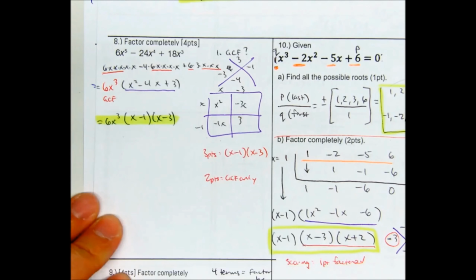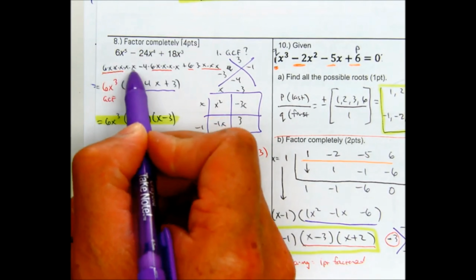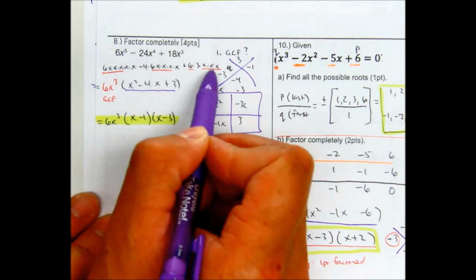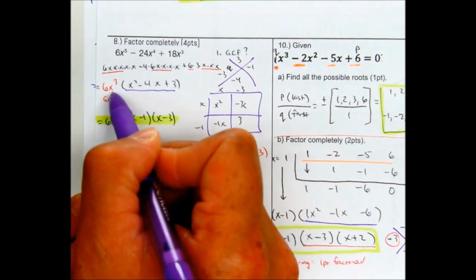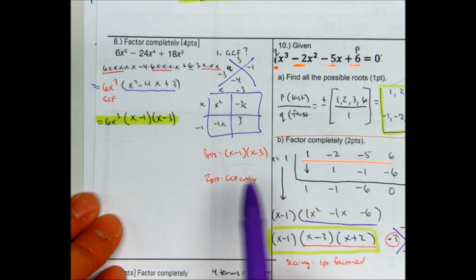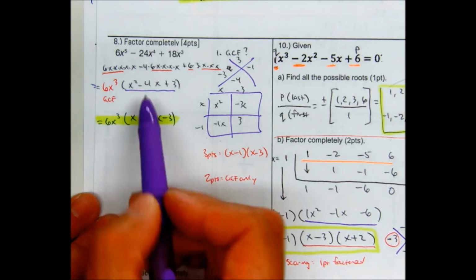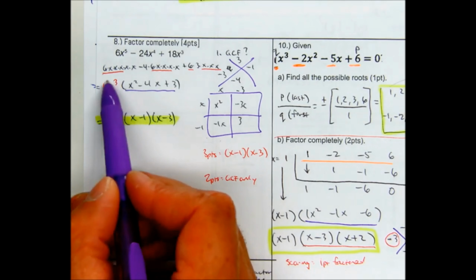Remember, if you expand them all out, 6x to the 5th, there's 5 x's, 4 x's, 3 x's. You'll notice that they have a 6 and 3 x's as greatest common factor. If you got to this point right here, then I gave you, I think, 3 points only. You got a 2 if you found just a common factor.